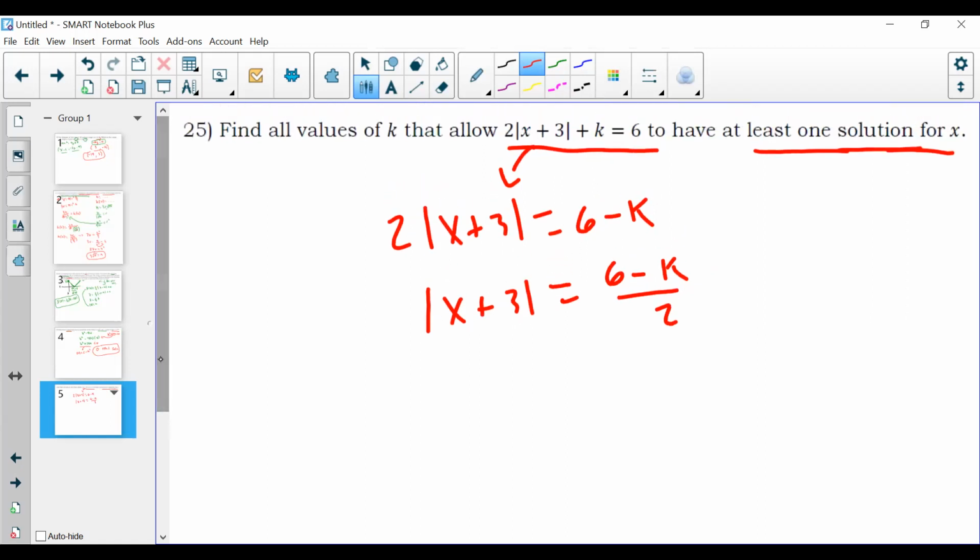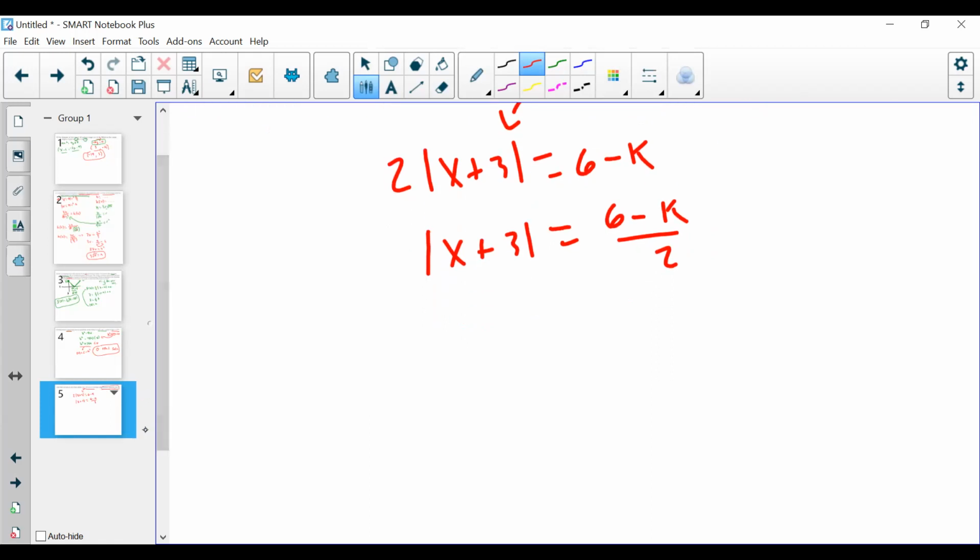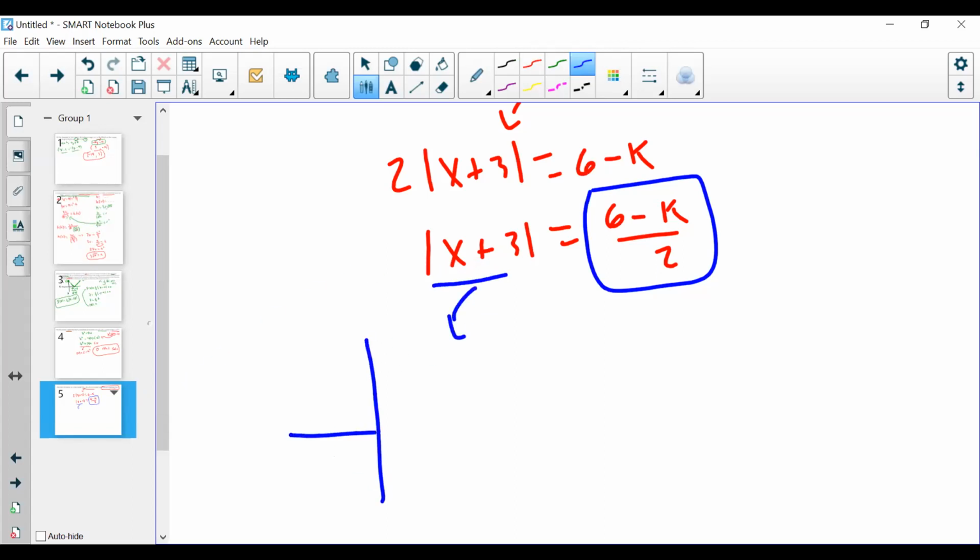And I want to know, when does this absolute value equation have at least one solution? To have at least one solution, this right side has to be equal to or greater than 0. Because if you treat this like two different graphs, let's say I graph the absolute value of x plus 3 right here.